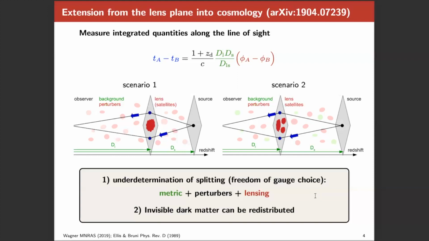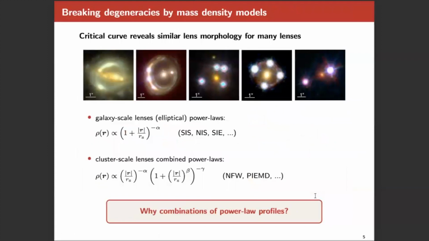Now, how do we use additional information complementary to the strong lensing formalism in order to break these degeneracies? The first one concerns the lens plane, and there we can assume a mass density profile, a global one, which connects all these multiple image positions.